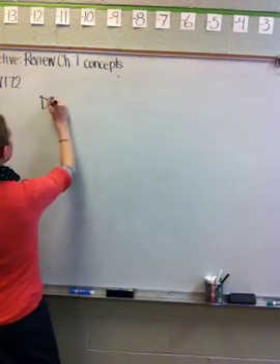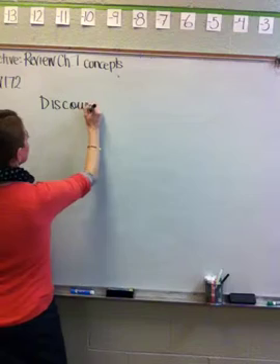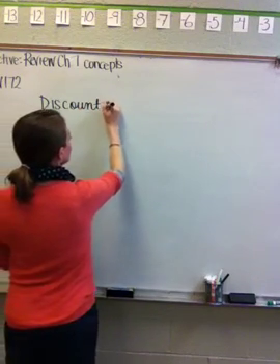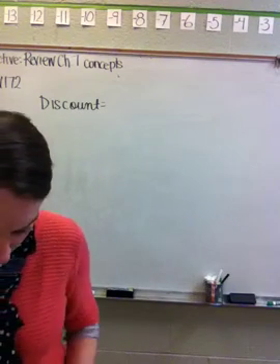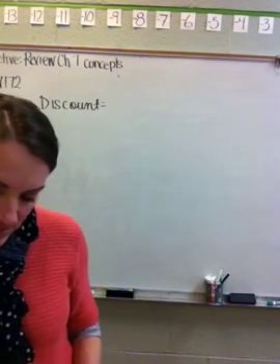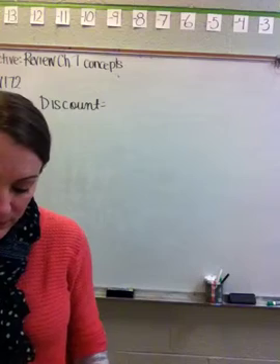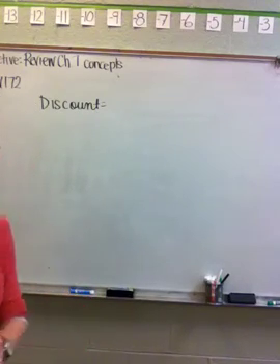All right, so let's write our formula. We have a discount. Let's read. Clock radio sells for $30, is on sale at 20% discount. What is the sale price?